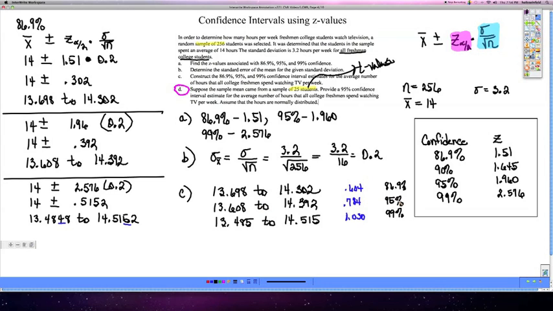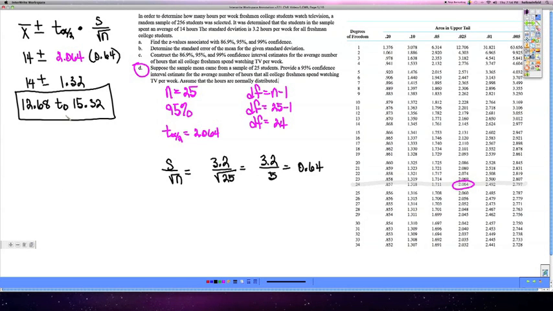So a 95% confidence interval with a z-score is going to have a smaller range. That means it's going to be wrapped a little more tightly than a confidence interval on the same percentage of confidence but used with a t-score with a small sample. A small sample is not as reliable as a large sample, and so this is going to be wider. And that wraps up all of that particular problem.